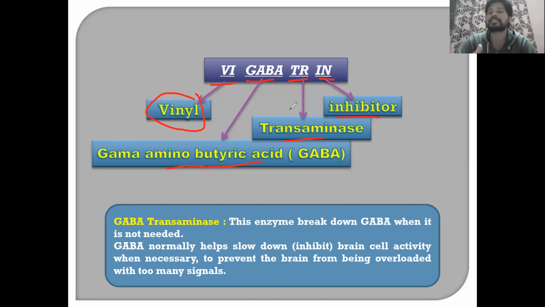That excess GABA reduces the excitatory neurotransmission and increases the inhibitory neurotransmission like GABA and glycine action, and controls the epileptic symptoms in the patient. Okay.